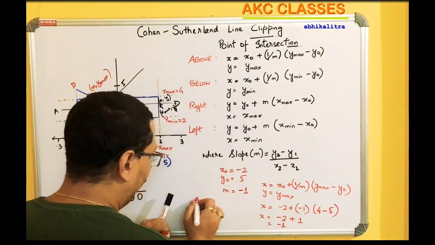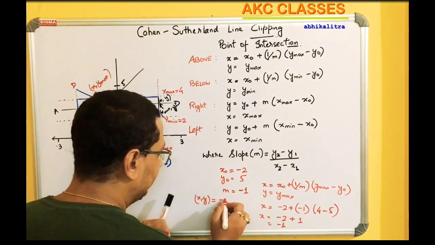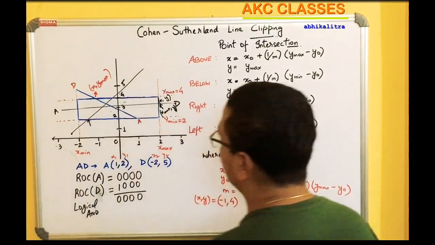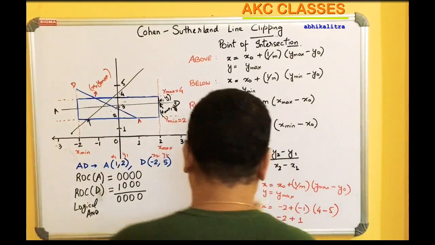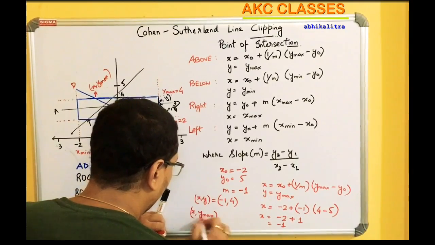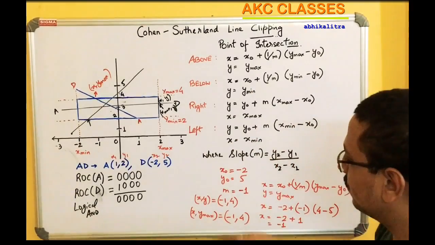So what is the coordinate location of x comma y now? The coordinate location of x comma y max is -1 comma 4.